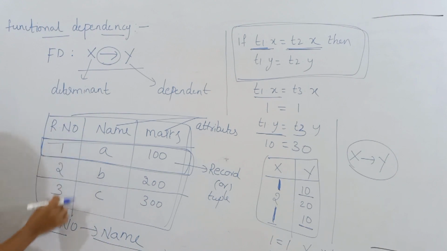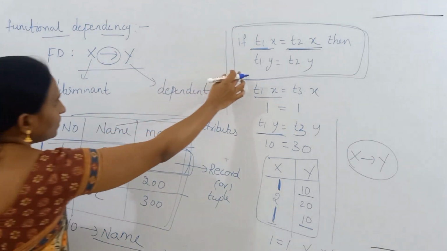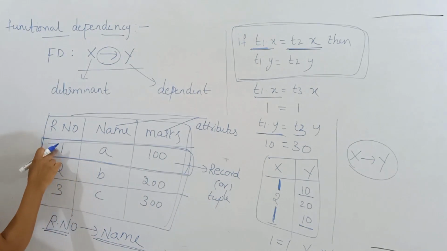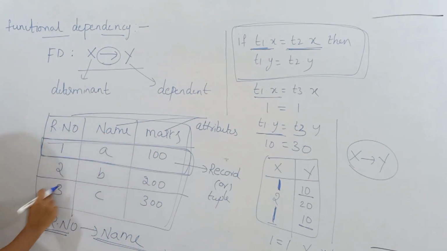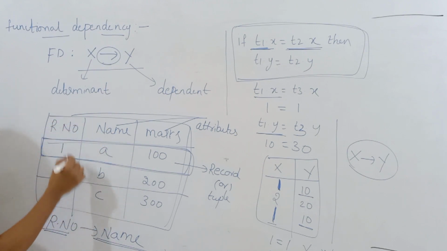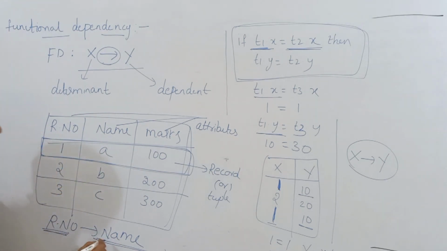All values are different values, unique values. So no need to check this rule. Directly we can say that roll number determines name. So roll number 1, name is A. Roll number 2, name is B. Roll number 3, name is C. Why? Because here the values of roll number all are unique values, different values.